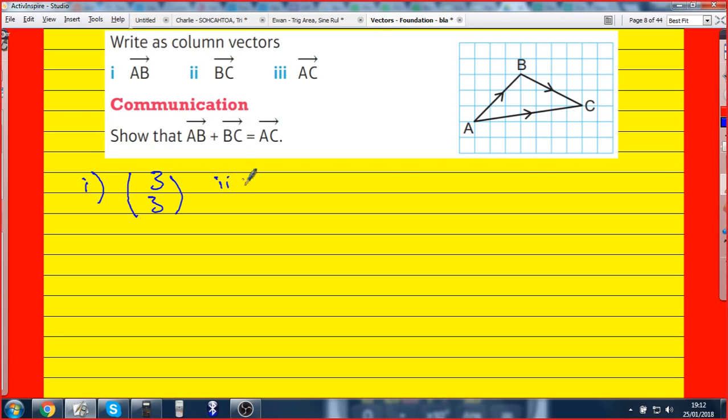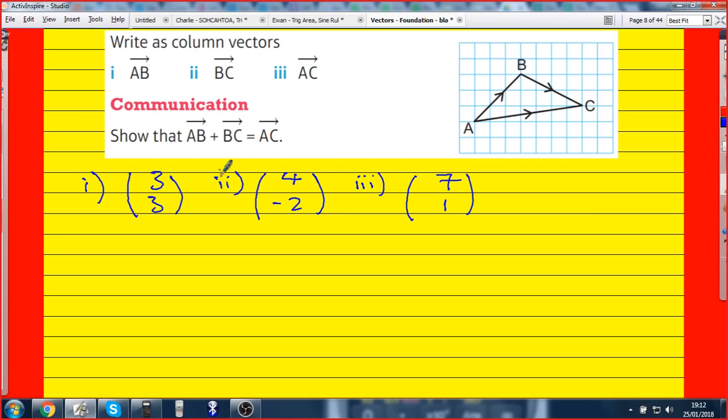Then B to C is 1, 2, 1, 2, 3, 4, -2. Then A to C. So then it goes 1, 2, 3, 4, 5, 6, 7, 7, 1.